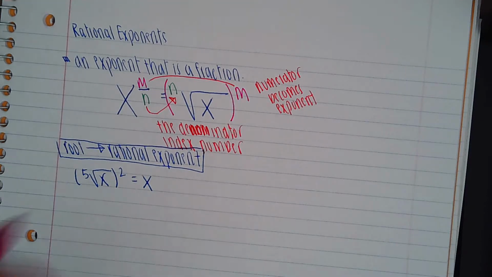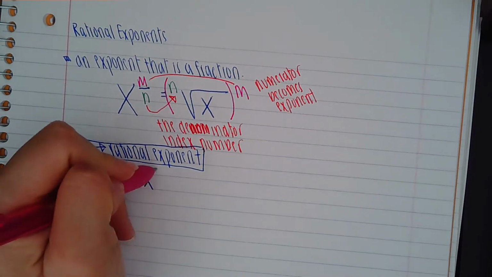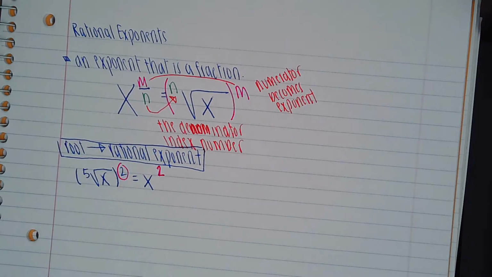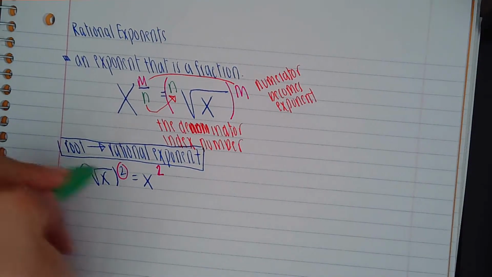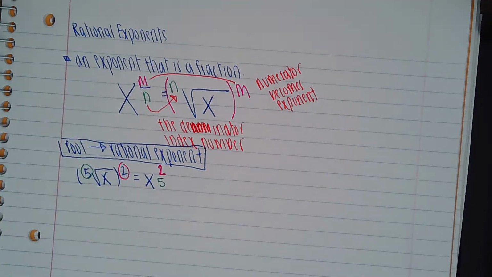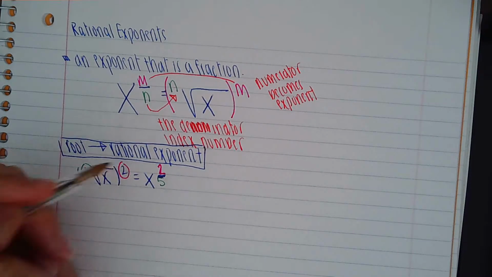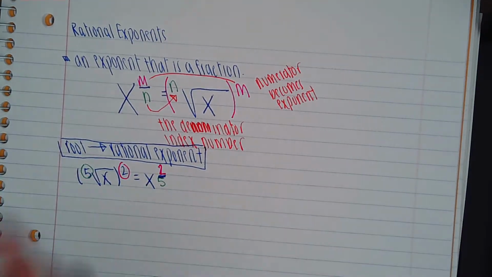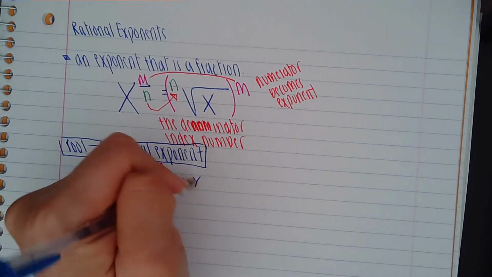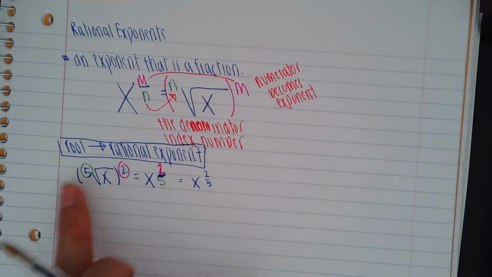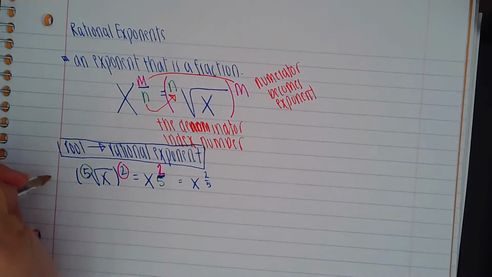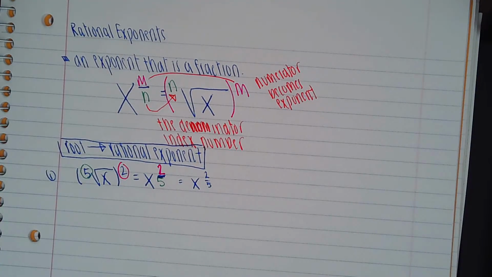All right, and then right here, the 2 is always your numerator, and whatever index number it is, so in this case 5, that becomes your denominator. All right, so without colors, if it looks a little bit easier to you, that would be x to the 2/5 power. All right, that's when we're taking it from a root to an exponent.